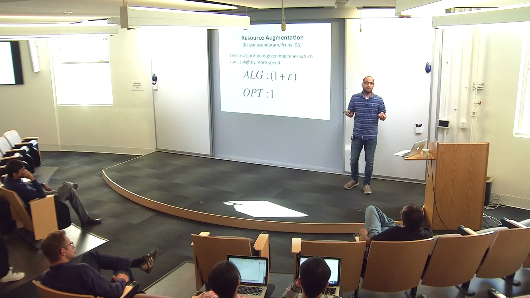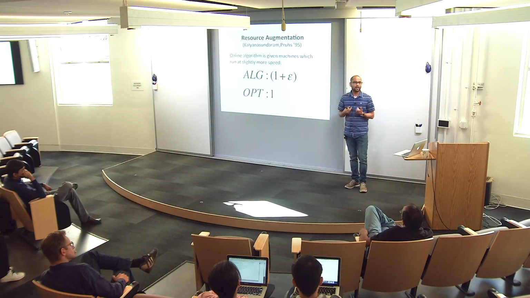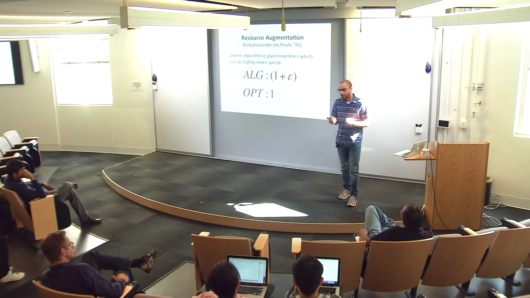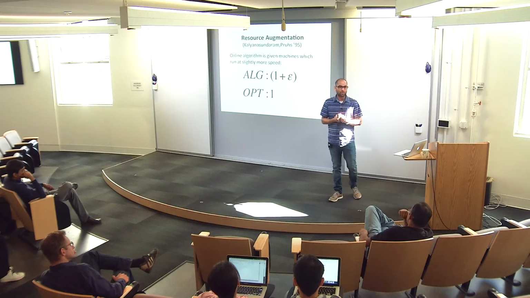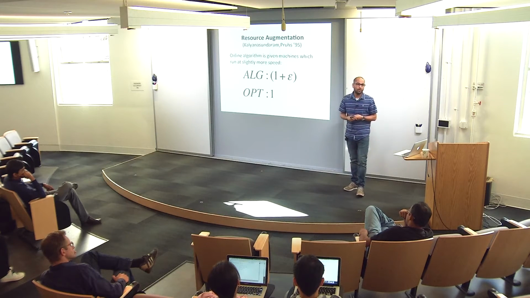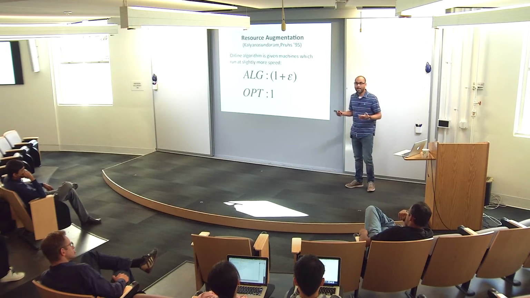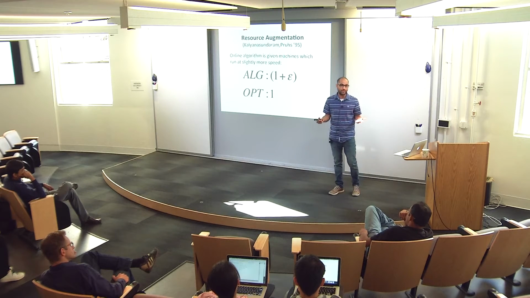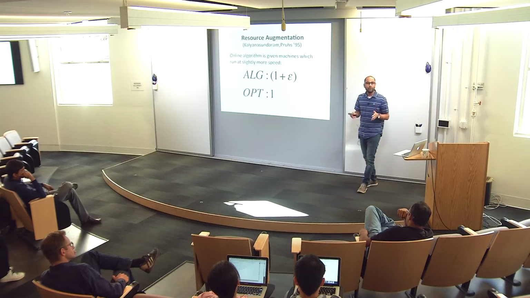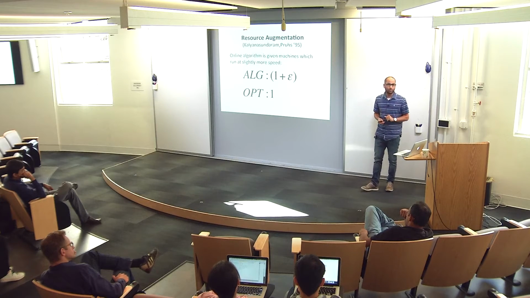But clearly we observe that some algorithms are better than the others. And how do you separate good algorithms from the bad? I will give you some extra resource. Then some algorithms perform significantly better than the others, and that gives a good separation. And for me, analysis is all about which algorithm is better than the other. So that's one. There is also a queuing theoretic motivation for it, but I don't want to get into that.